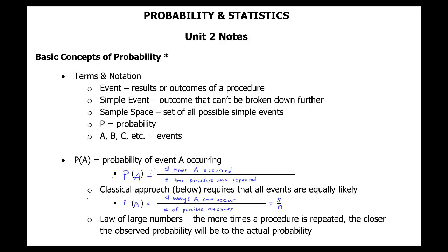If you flip a coin 100 times, you would expect that 50 of them would be heads and 50 would be tails. But it may not turn out exactly like that. You may get 48 of one and 52 of the other. But the more times you do it, if you did it 1,000 times or 10,000 times, your observed probability should be close to half and half, which is the actual probability for heads and tails.